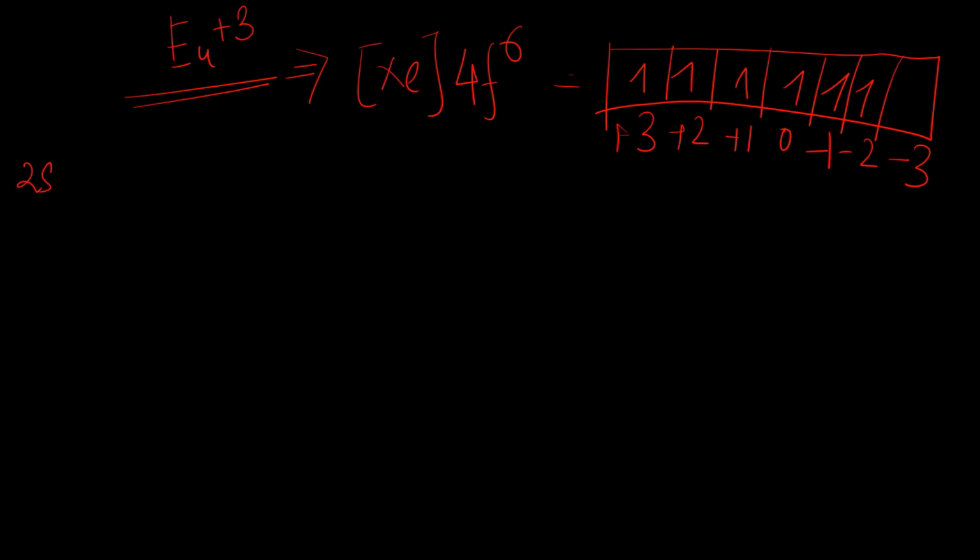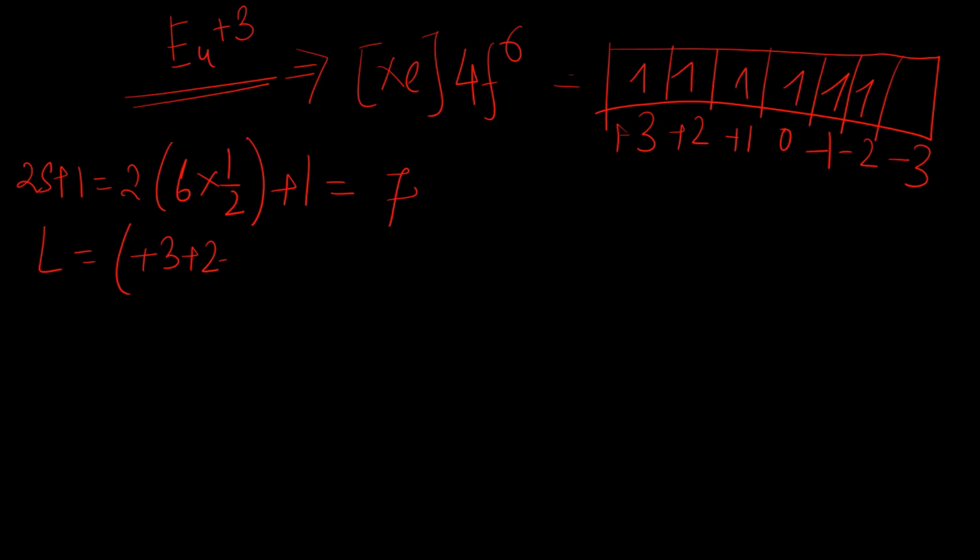So the value of 2S plus 1: how many unpaired electrons are present? 6 unpaired electrons are present, plus 1, so it is 7. And the L value is plus 3 plus 2 plus 1 plus 0 minus 1 minus 2, so the L value is 3, which corresponds to F in SPDF.